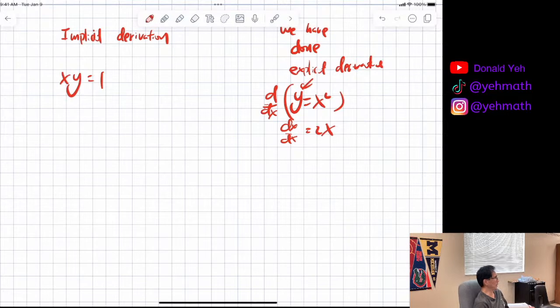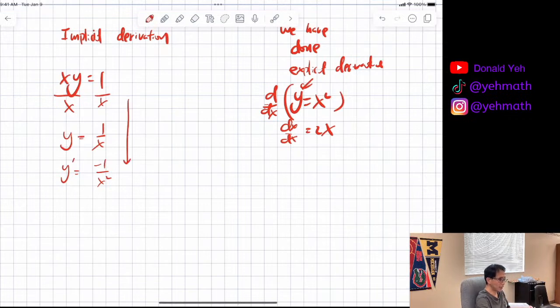How do I take a derivative of this? Divide by x, yes. That approach is called explicit because I isolate the y first and then take a derivative. Then that's going to be -1 over x squared. And that's done. Voila, this is called explicit.